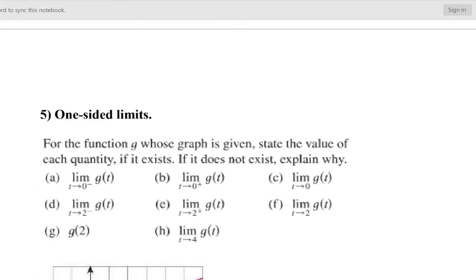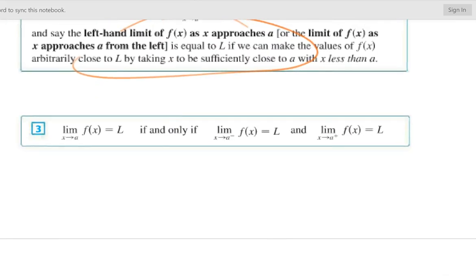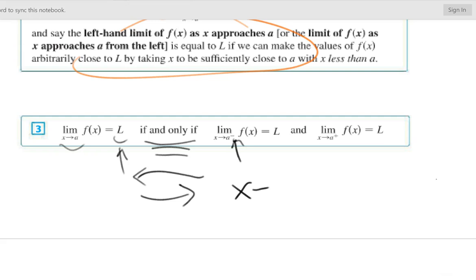So that's what it says here. Let's just go back to it. It says, the limit as x goes to a is L, that's the y value, if and only if, so this goes both ways, left to right and right to left, if the limit coming in from the left, we say x is going to a from the negative side. And then coming in from the right, x is going to a from the positive side, okay? a may be positive or negative.